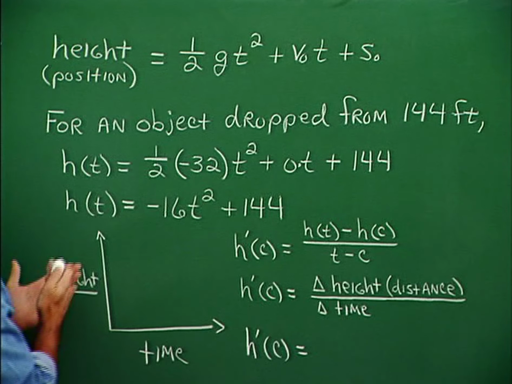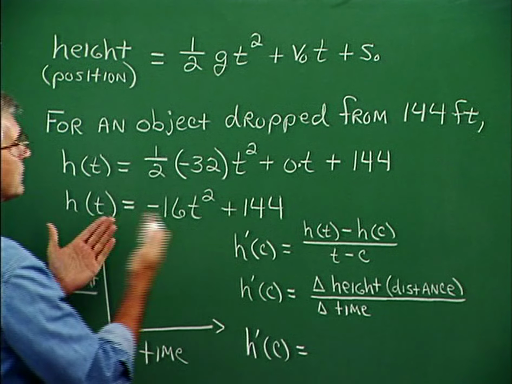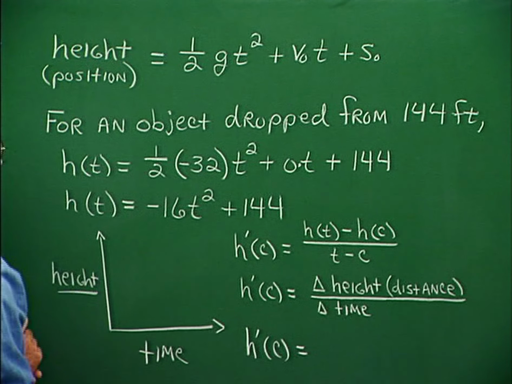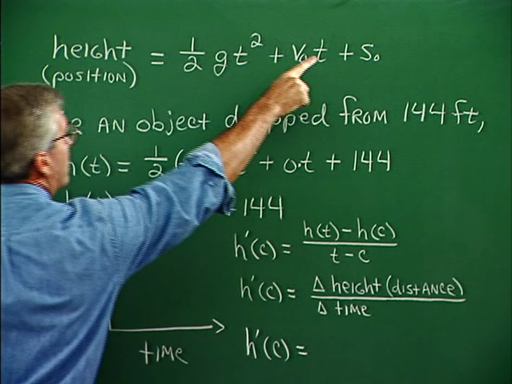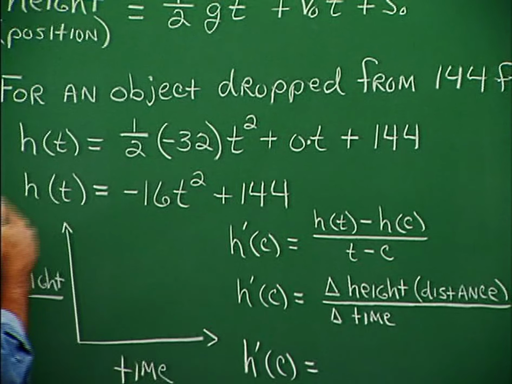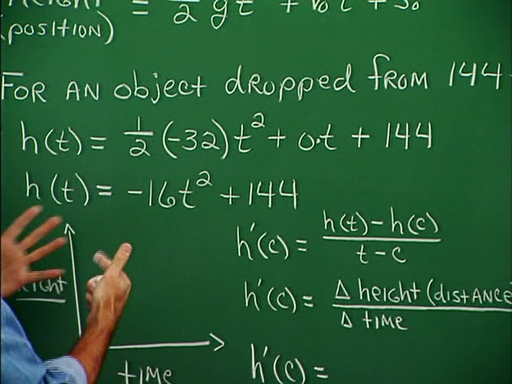And if we're talking about feet in the air, then we're going to use the acceleration due to gravity as negative 32 feet per second per second. So replacing in our equation, we have 1/2 times negative 32 times t squared plus 0t plus 144, or negative 16t squared plus 144.